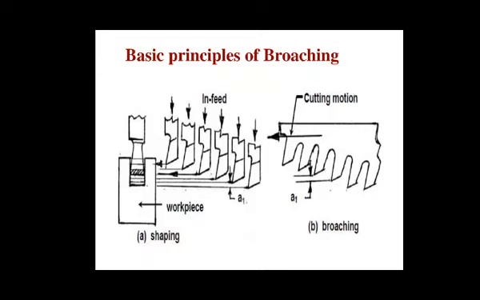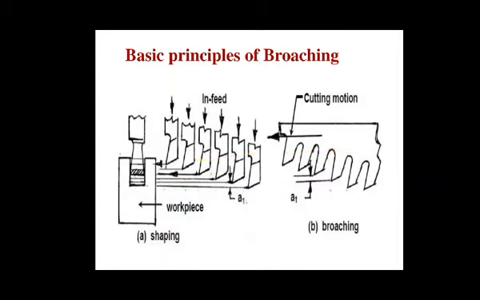The amount of tooth rise between the successive teeth of the broach is equal to the feed given in shaping. So here you can see in shaping we give so many cuts, but in broaching you are supposed to do just one stroke and you will get the required depth.